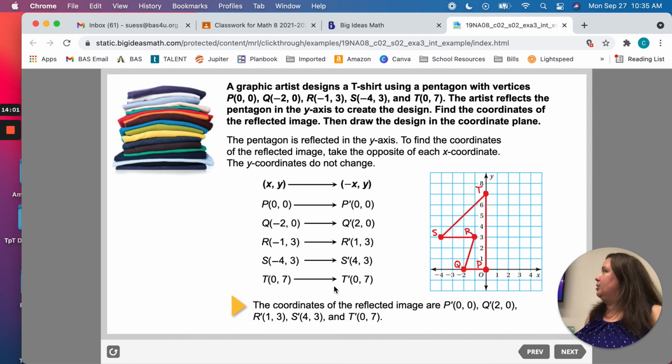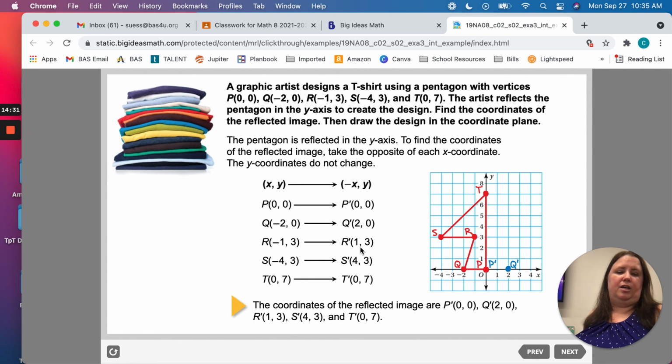T is at 0, 7. So just up to 7 and put a dot. So start at P, Q, R, S, T. If you think about this reflection, you're going to see what it's going to look like here in a minute. All right, so my first value is at 0, 0 again, so P didn't change. My next value is at 2, 0, so I'm going to the right 2 and don't go up.